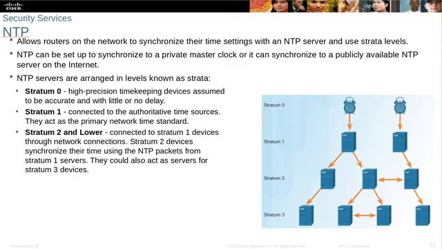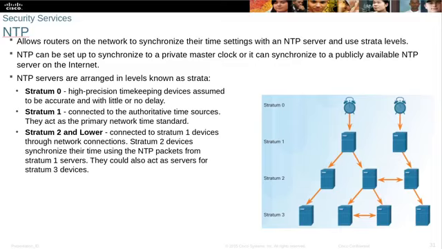A stratum 0 is a super high precision timekeeping device assumed to be accurate with very little or no delay. These can, for instance, be the big cesium atomic clocks. You don't normally set your system up to synchronize to a stratum 0 NTP server. You would normally synchronize to a lower stratum server.